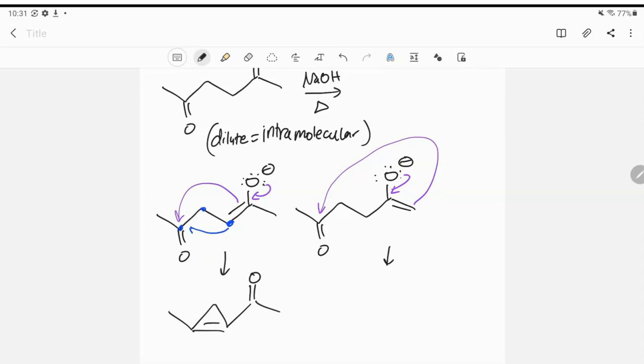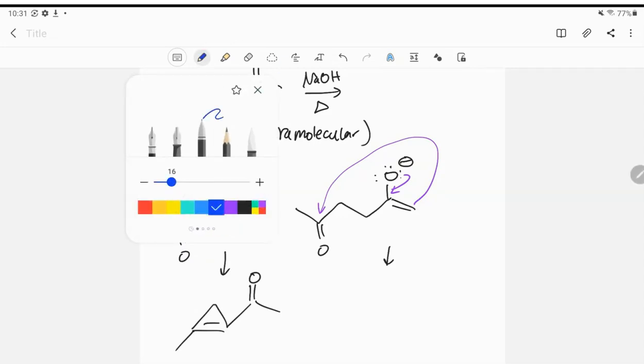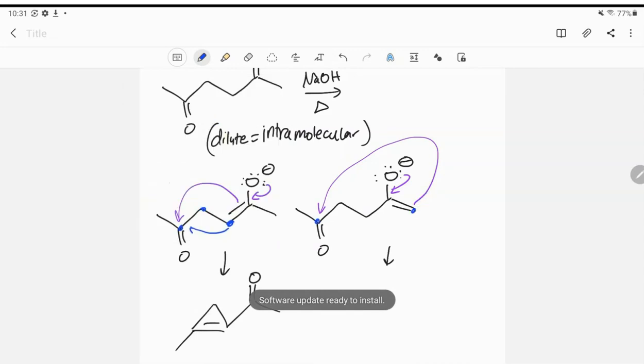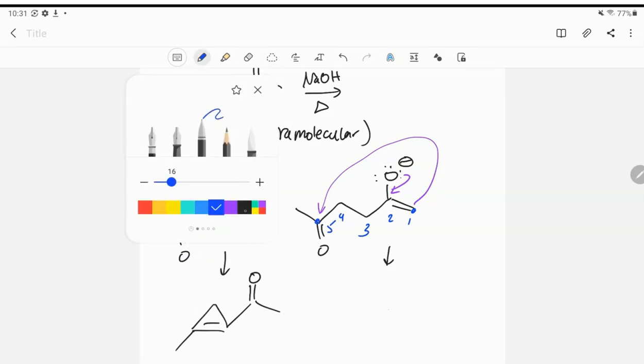And since it's with heat, we would end up with the elimination product. Right? I'm going to technically draw this one just down for the fact that it's trans. That's kind of terrible, right? However, if we look at this one, we're going to make a 5-member ring.